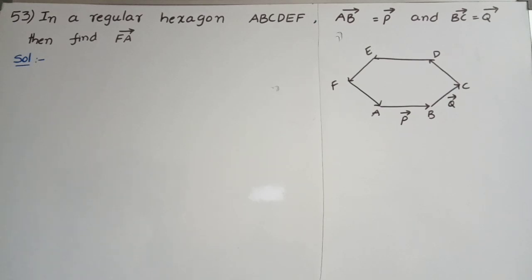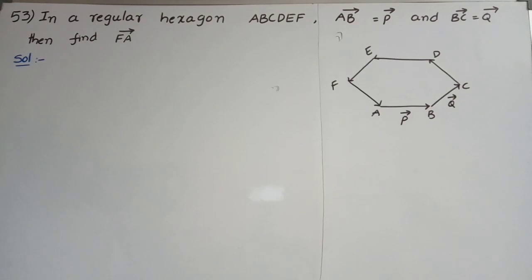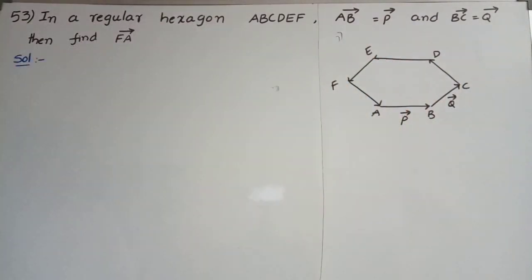Problem number 53. In a regular hexagon ABCDEF, AB bar is equal to P bar and BC bar is equal to Q bar. Then find FA bar. Here, AB bar and DE bar are in opposite directions, so they get cancelled. BC bar and EF bar are in opposite directions, so they get cancelled.